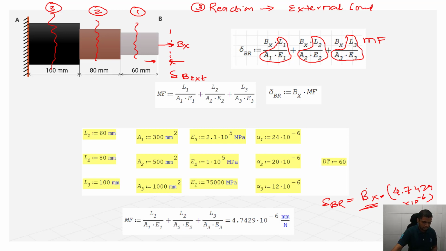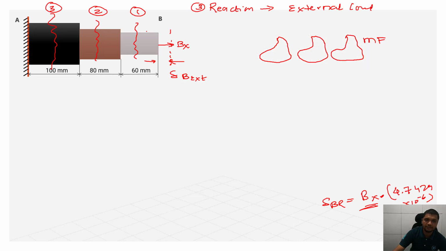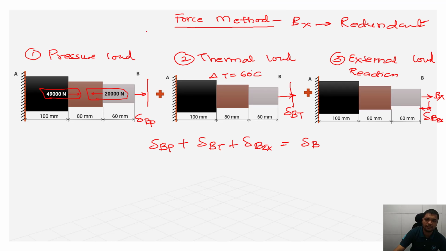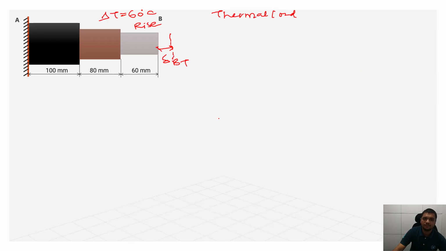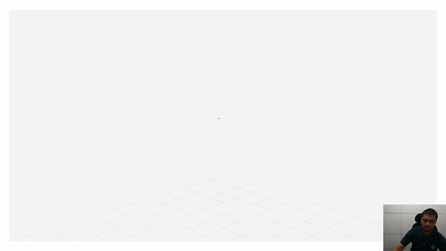So we put this and combine it in the very first equation that we have written here: delta BP plus delta BT plus delta B external is equal to delta B. So let me write down that equation: delta B equals delta B pressure plus delta B temperature plus delta B external load.